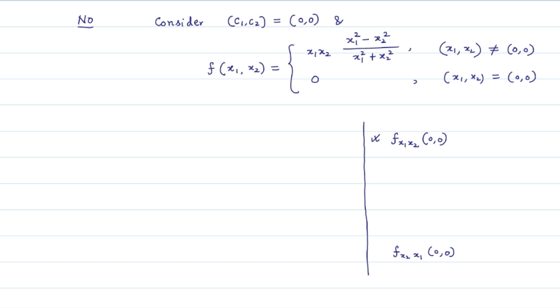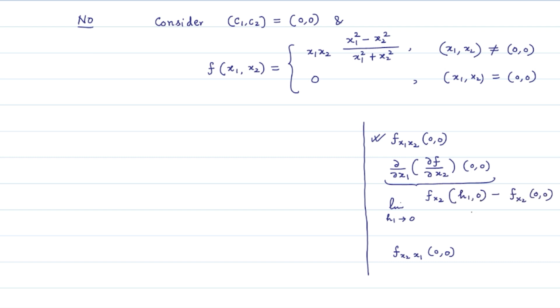To calculate f_x1x2 at origin, we need to calculate del x1 of del f del x2 at origin, which in turn is identified by calculating the limit h1 tends to 0 of (f_x2(h1, 0) minus f_x2(0, 0)) divided by h1. So to calculate these mixed second order partial derivatives, we need to calculate this limit.